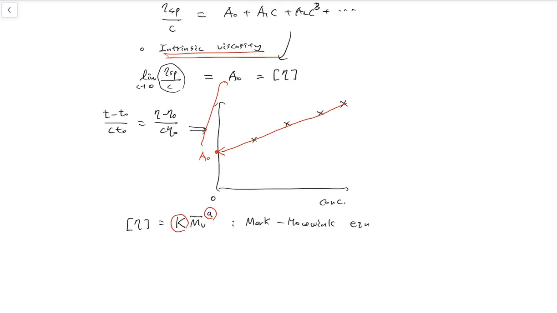This constant K and A depend on the different combination of polymer and solvent, and also on the temperature. And usually this constant A, for a normal neutral polymer, an electrically neutral polymer with a flexible backbone, is between 0.5 and 0.8.